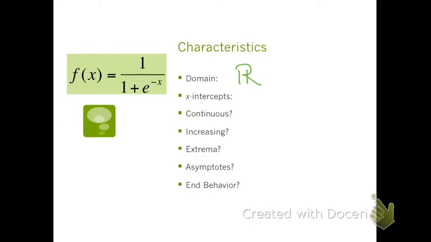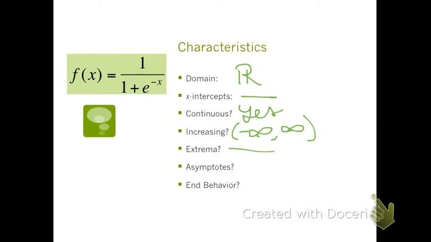There are typically no x-intercepts, again, because we shouldn't fall into negative values for things. Is it continuous? Yes. Is it increasing? Always. So from negative infinity to positive infinity, unless it was decay, and then it would be always decreasing. We don't mention any maximums and minimums. They don't really exist here.